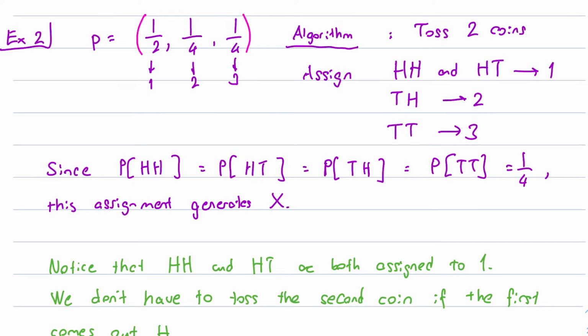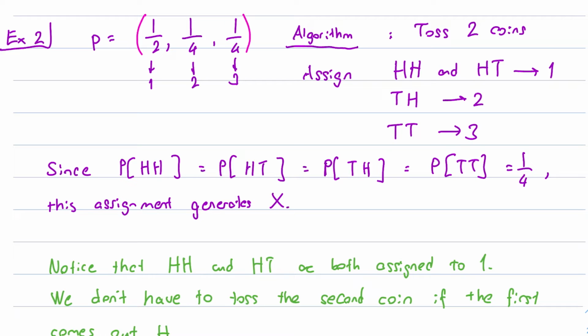And in the second example, we have p equals 1/2, 1/4, and 1/4. And because each probability is a power of 1/2, and because the largest power is 2, because 1/4 is equal to 2 to the minus 2, we can toss two coins and assign the sequences as follows.